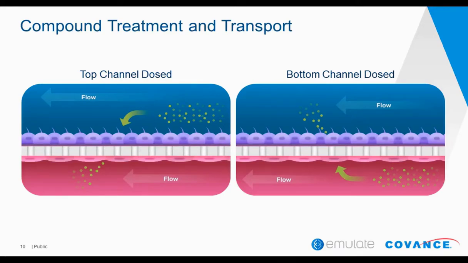Also, not only small molecules, but for example, biologics, viruses, immune cells, or other types of components can be added in a similar way. And you can measure not only a transport across the cell layer, but also complex cellular interaction or responses from the cells in the chip.